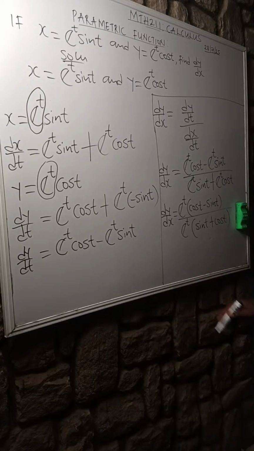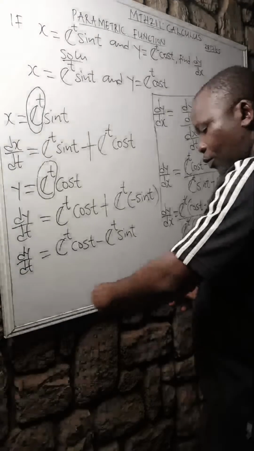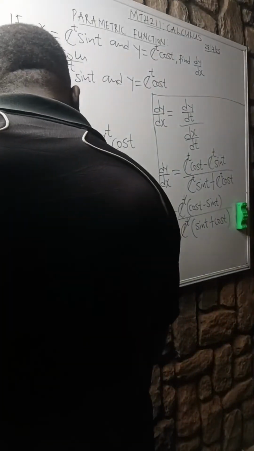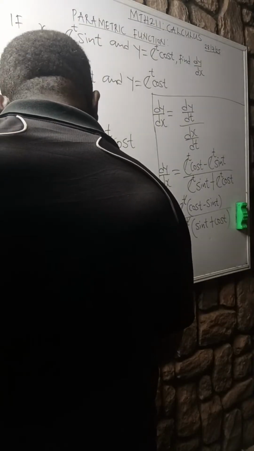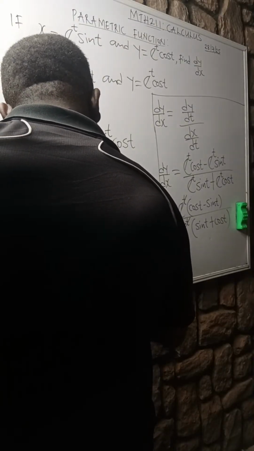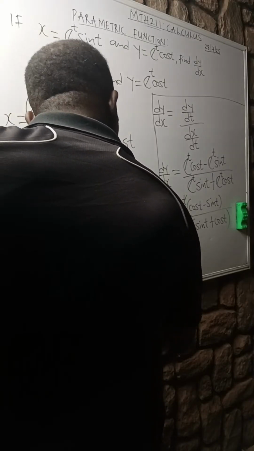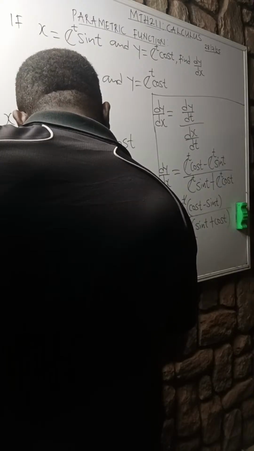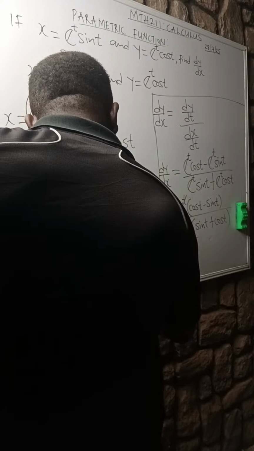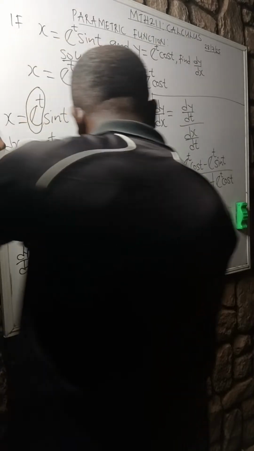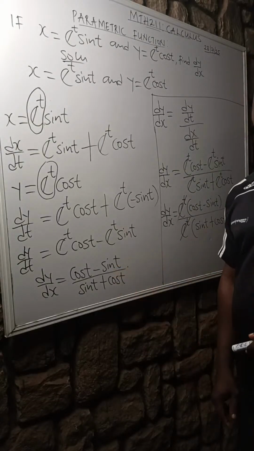So this and this will cancel. At the end of the day, the final answer is dy over dx equals cos t minus sine t all over sine t plus cos t.